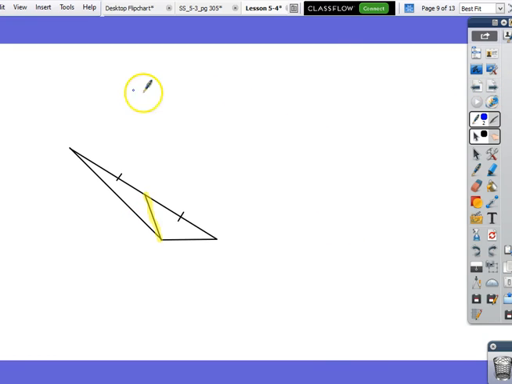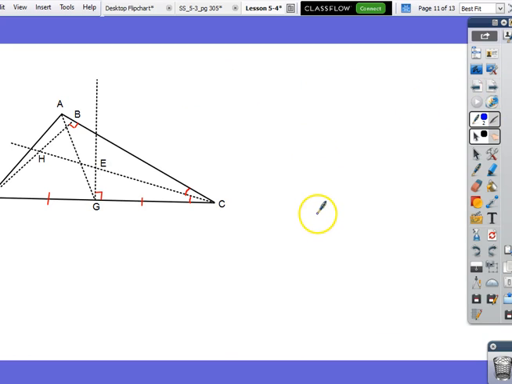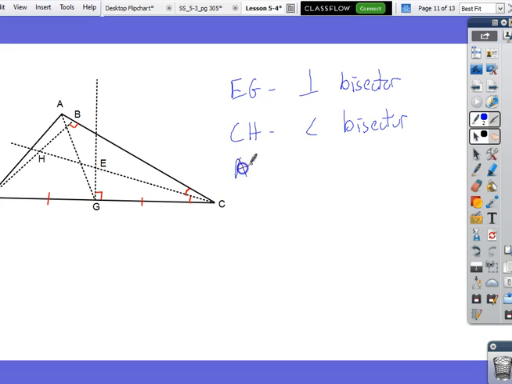What's the line? Median. Midpoint, corner of a triangle. What's the line? Highlighted line. Angle bisector. All right. What's EG? Perpendicular bisector. What is CH? Angle bisector. What is AG?